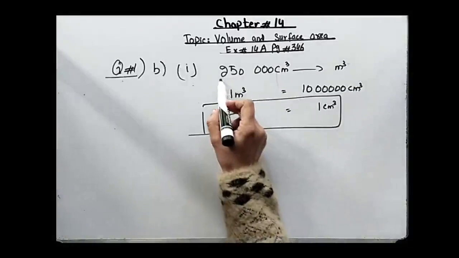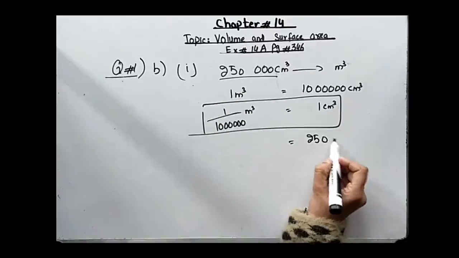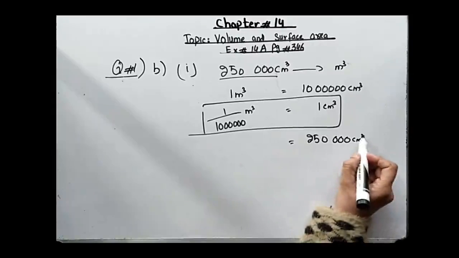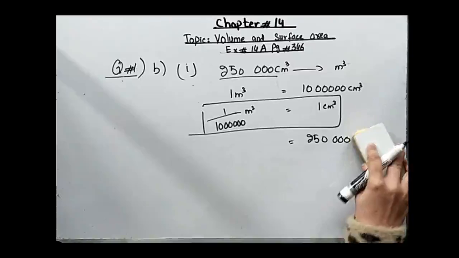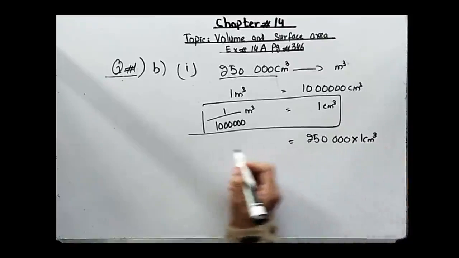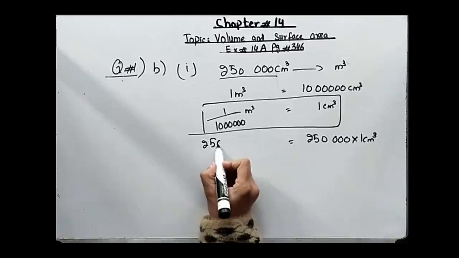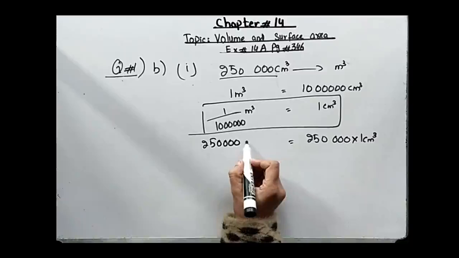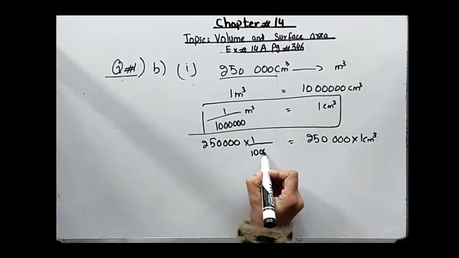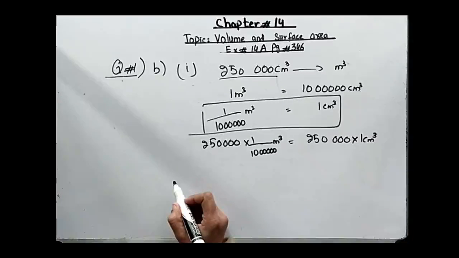We will multiply this whole number on both sides: 25000 centimeter cube multiply with 1 centimeter cube, and this number will also multiply here: 25000 multiply 1 by 10 lakh, 1 with 6 zeros, meter cube.